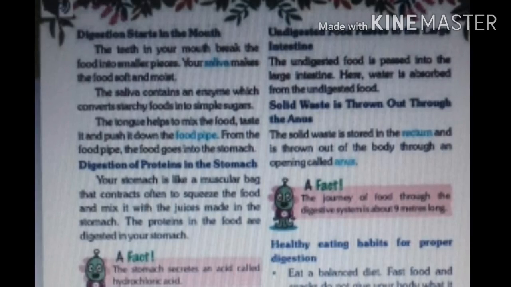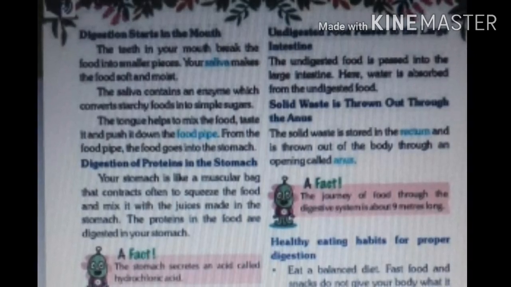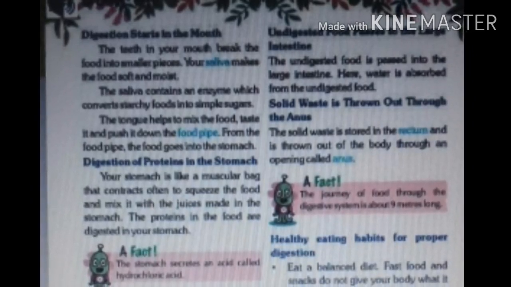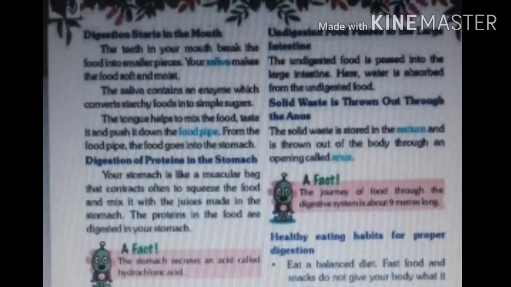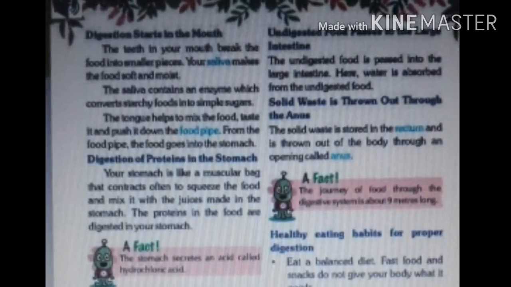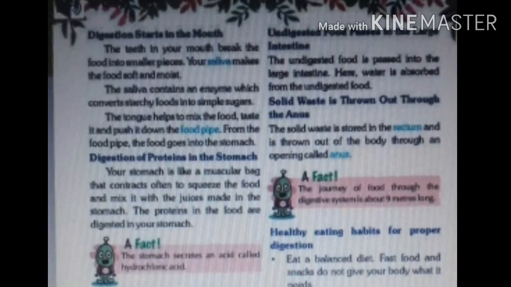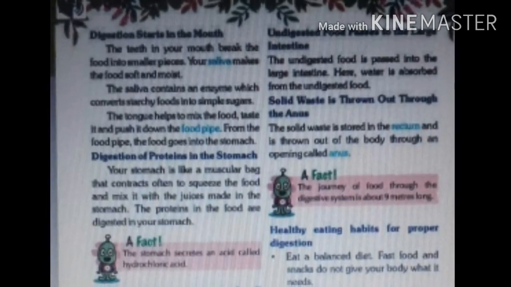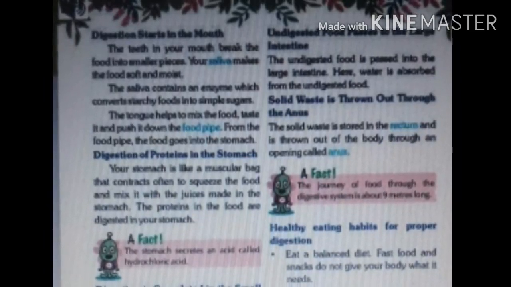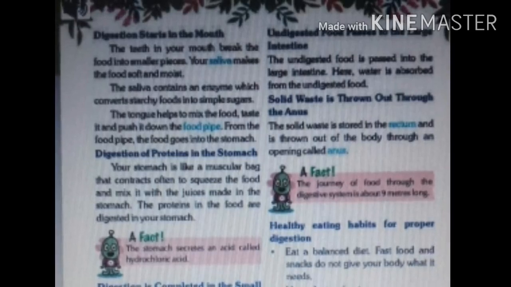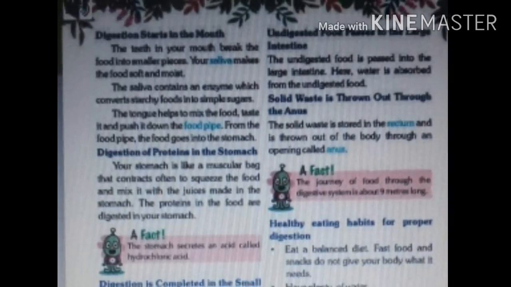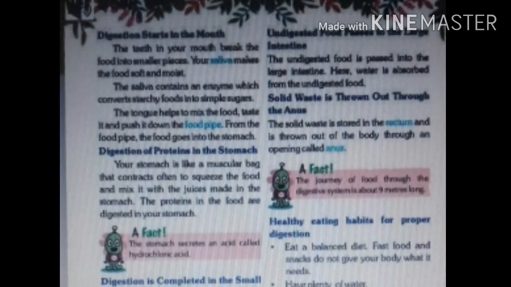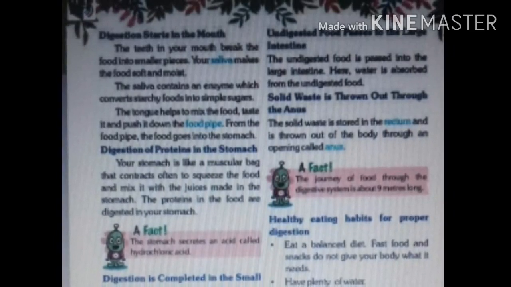Now we see how the digestive system works. Digestion starts in the mouth. First of all, the teeth break the food into smaller pieces. Then the saliva, which is already present in the mouth, makes the food soft and moist.